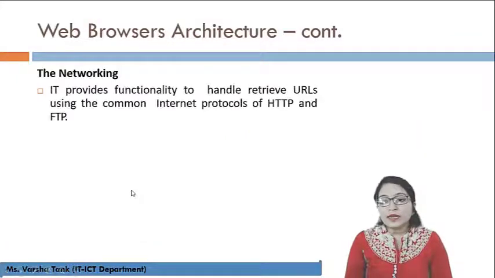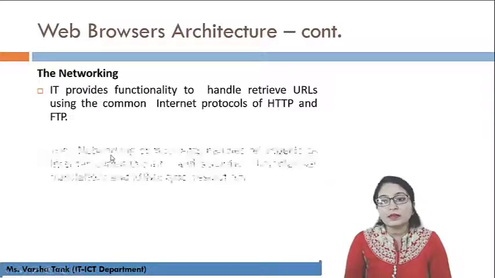Now next one is the networking. It provides the functionality to retrieve URLs using the common internet protocols, that is HTTP and FTP, hypertext transfer protocol and file transfer protocol. Using these two protocols, which information should be represented will be done by the networking.